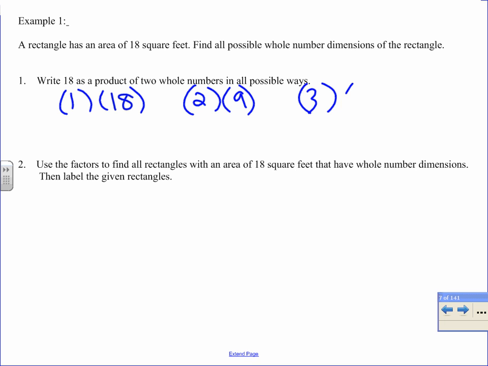Good. All right, so part 2 says, use the factors to find the rectangles that have an area of 18, that have whole number dimensions, and then label the given rectangles. What is a rectangle that's 1 by 18 going to look like? 1 foot by 18 feet. What's that going to look like, Briar?